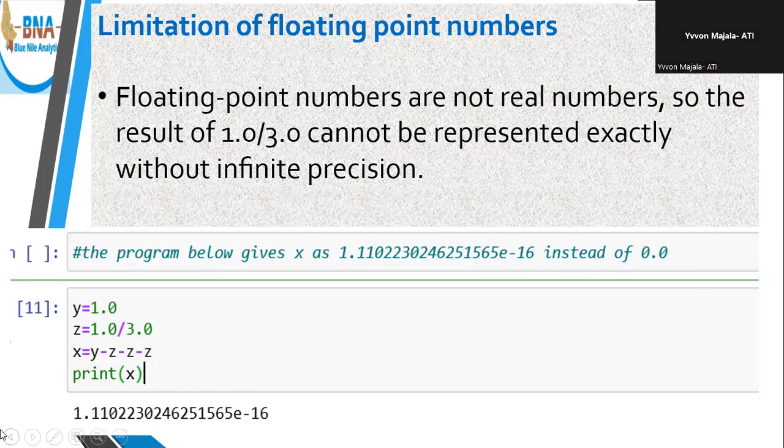You will get this answer. This is what I meant when I said this statement: it will give you an answer that has a very long number of decimal places, like here.